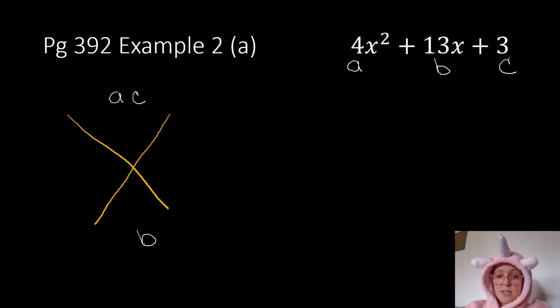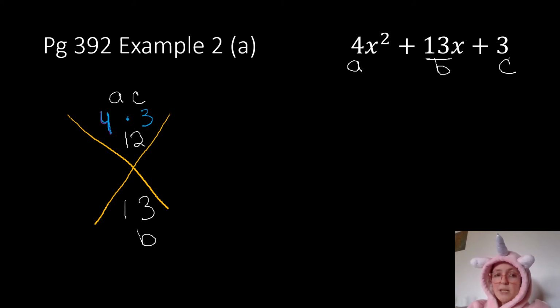In this case, our A is this 4 and our C is that 3, and we're going to multiply them together. So we have 4 times 3 giving us a top number of 12. Our B, this guy right here, just comes and hangs out at the bottom. We're going to put this 13 here.